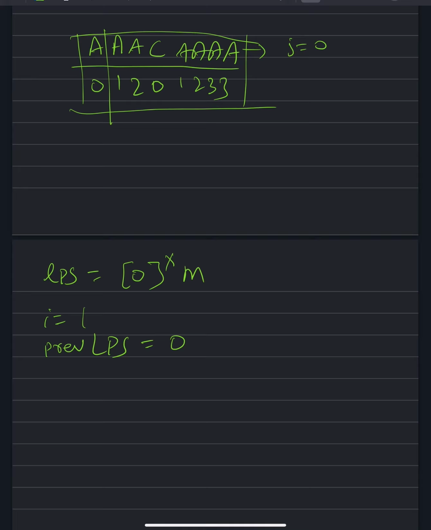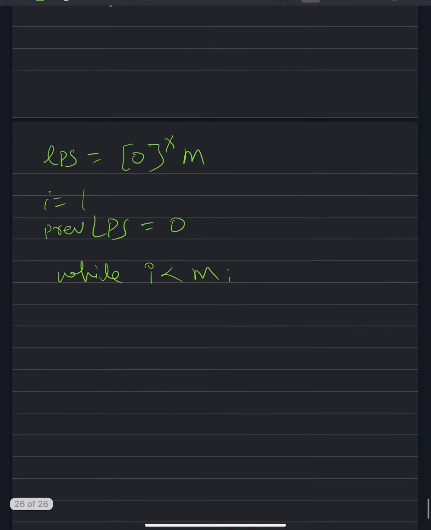Now let's see. While I is less than n, if arr[I] equals arr[previous LPS], what we are checking is whether the element is equal to the previous element.